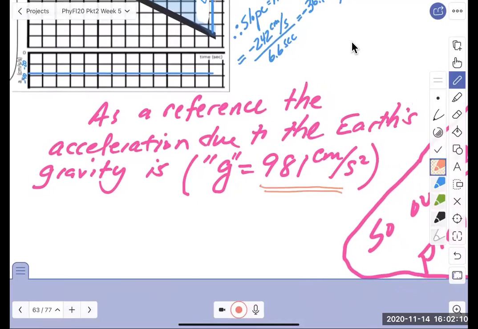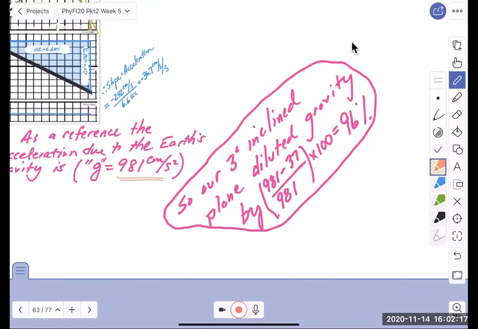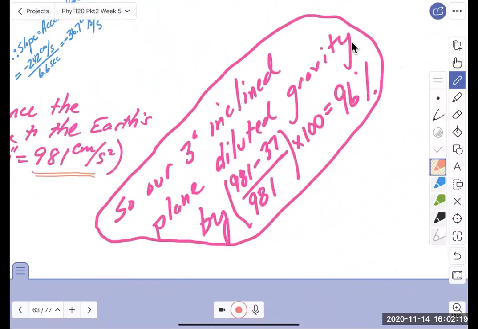We'll go to the stadium and drop things, prove it to ourselves. So our 3-degree incline, playing diluted gravity, the difference between 981 and 37 diluted gravity by 96 and divided by 981. We diluted gravity by 96%. So that's pretty good. That's why you can slow it down so much.